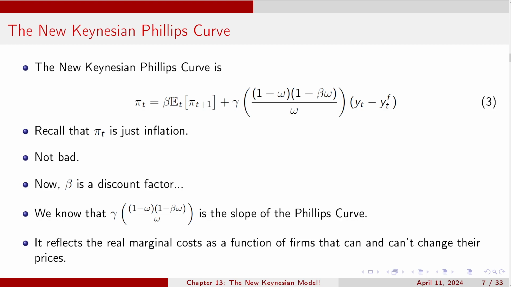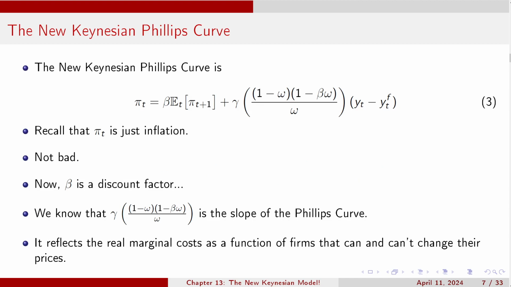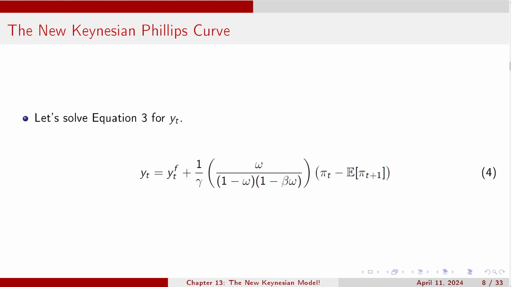That's the relationship between output and inflation. And it's reflecting the real marginal cost the firm faces as a function of firms that can and cannot change their prices. So if I were to take equation 3 and solve it for YT, so I want YT on the left-hand side and everything else on the right-hand side, this is what I get.